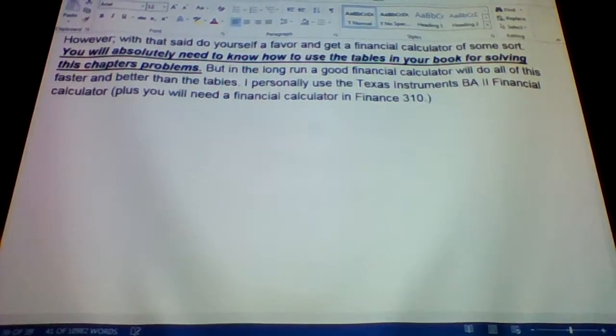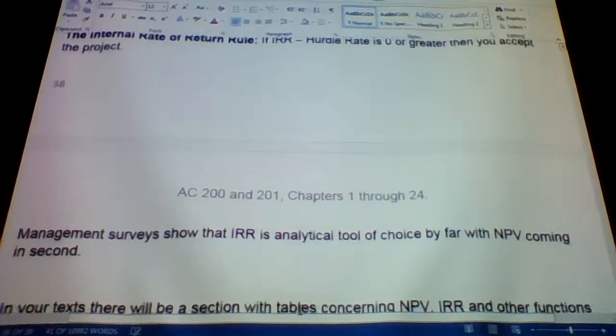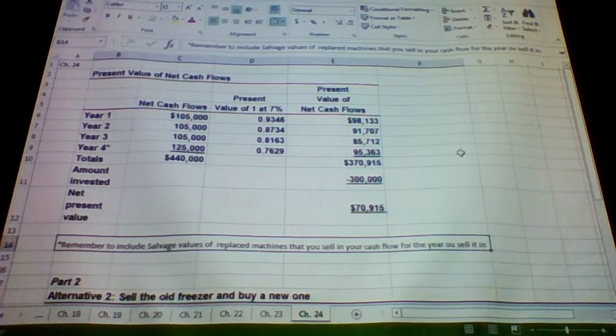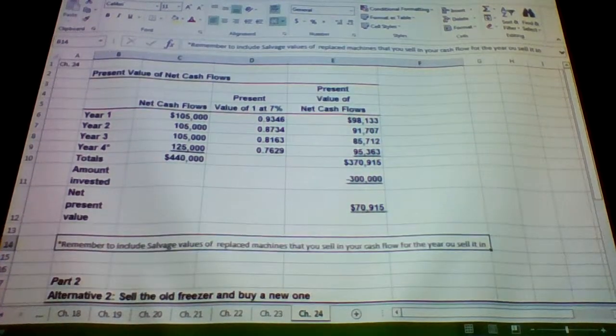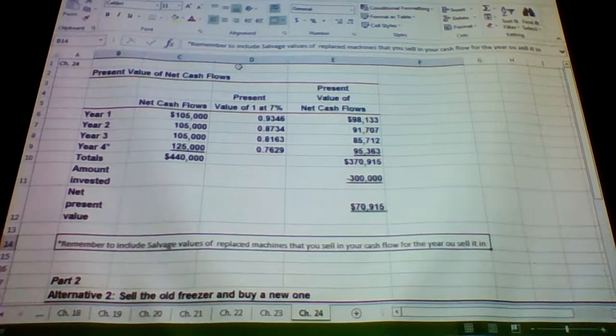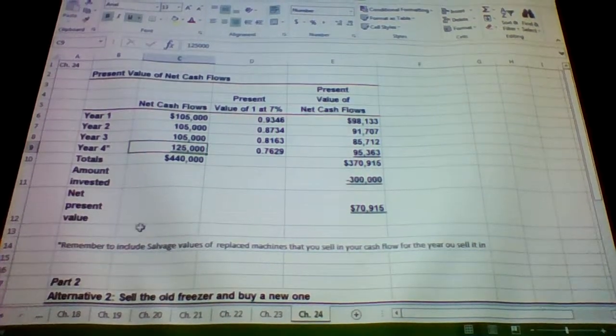I did do a couple of the B problems out of your homework, because I wanted to make sure to point out a couple of things to you. So over here, these are even cash flows, even though you're going, wait, that's not an even cash flow.